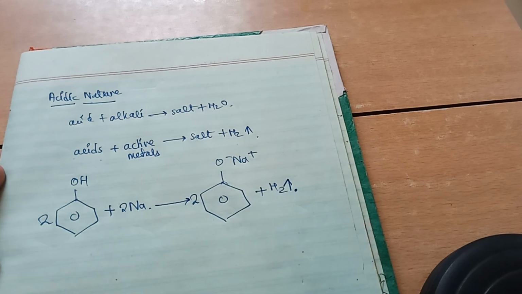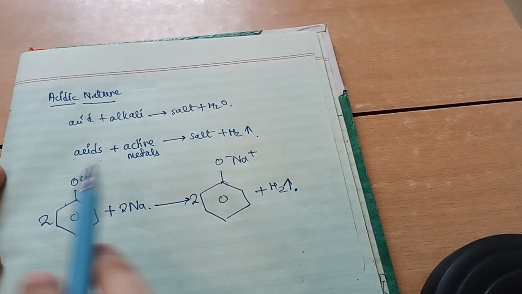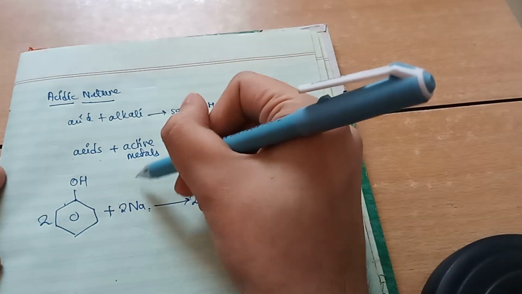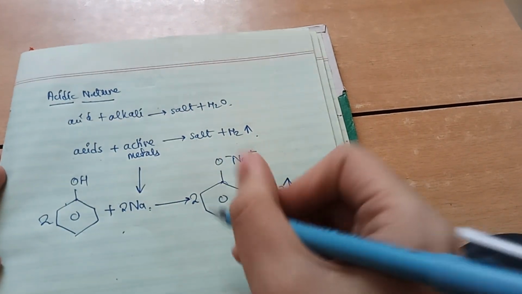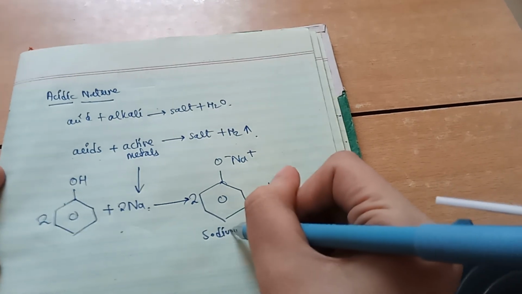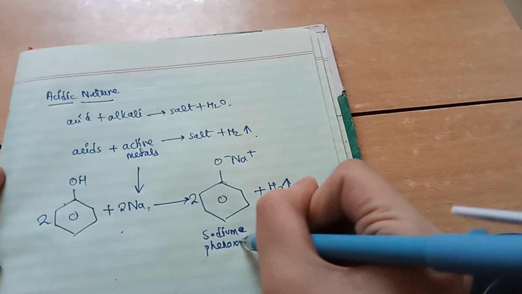So here there will be another 2. So 2 moles of phenol is reacting with an active metal. Sodium is an active metal. To give a salt, the name of the salt is sodium phenoxide.